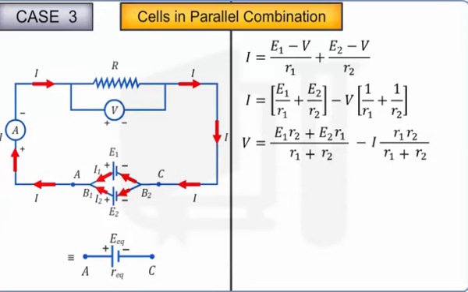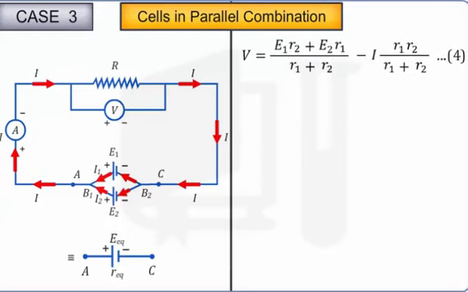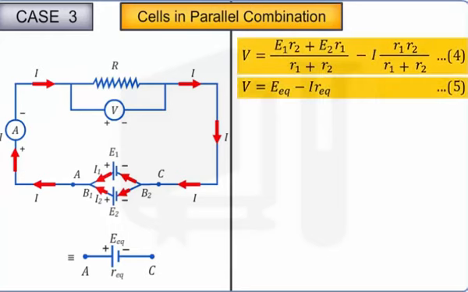We can replace the combination of two cells with one cell of EMF, EEQ, and internal resistance, REQ. We can now write V is equal to EEQ minus I into REQ. Let this be equation 5. From equations 4 and 5, we can write EEQ equal to (E1 R2 plus E2 R1) divided by (R1 plus R2).